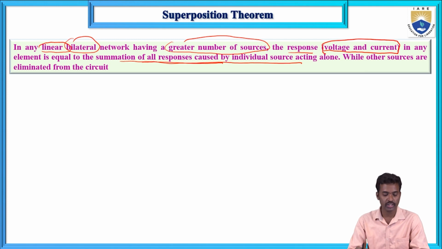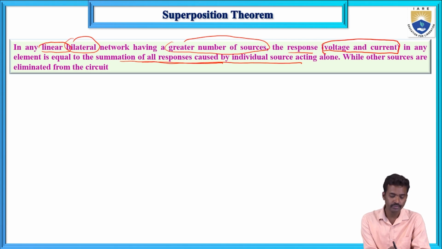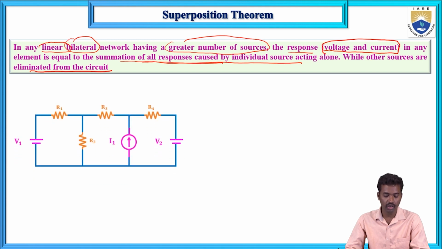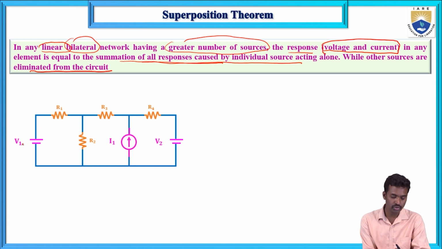Other sources are eliminated from the circuit, so all current sources and voltage sources are deactivated. Now, if you see this circuit, how many sources are here? Two voltage sources V1, V2 and one current source I1, so we can apply the superposition theorem.